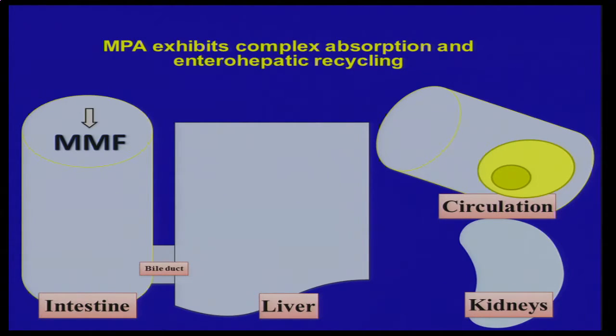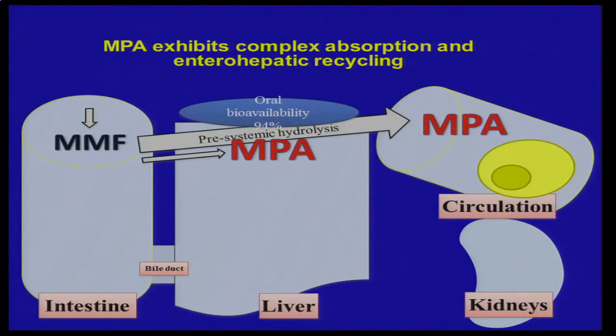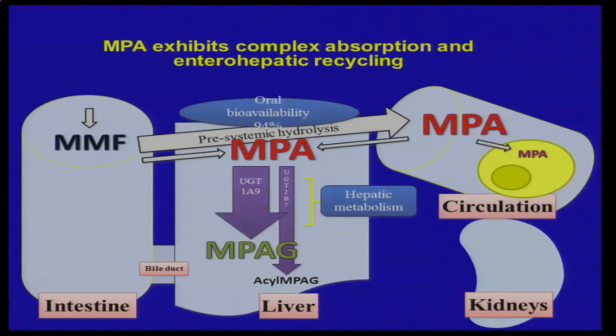Firstly, mycophenolate is absorbed and is converted to mycophenolic acid, or MPA. This is the active form of mycophenolate. It gets into the circulation, and it's this that acts on lymphocytes to inhibit. But importantly, mycophenolic acid enters the enterohepatic circulation and gets a glucuronide molecule attached to it, or MPAG, which is inactive.